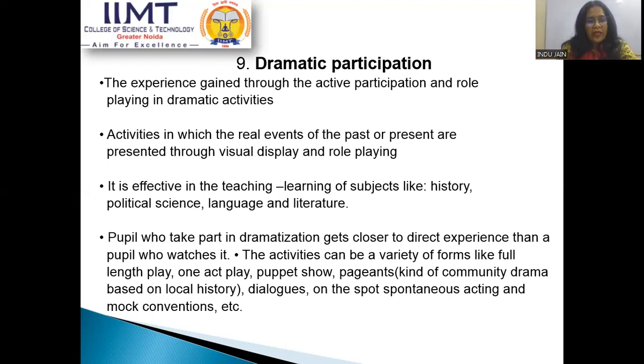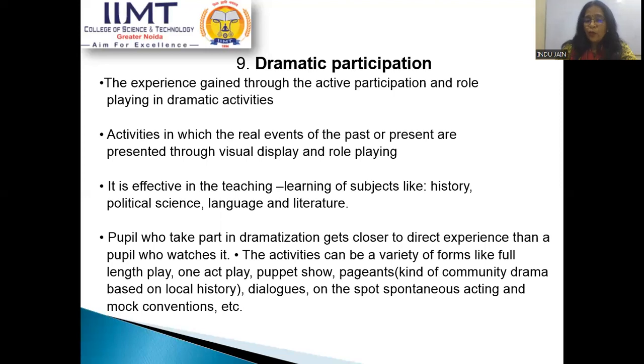It is effective in the teaching learning of subjects like history, political science, language, and literature. It is not very good for the subjects of science or maths, but good for the art subject. A pupil who takes part in dramatization gets very close to the direct experience, more than a pupil who watches it.